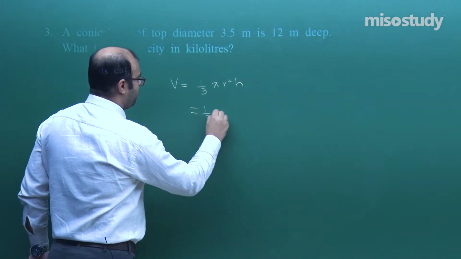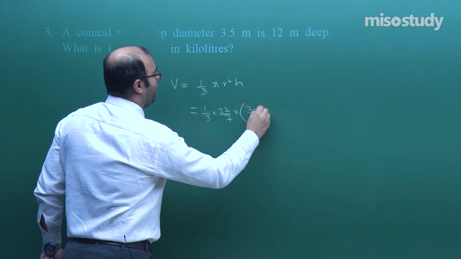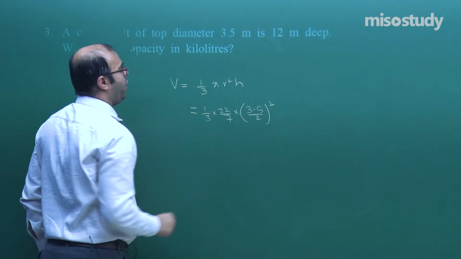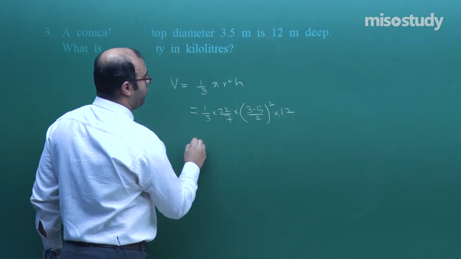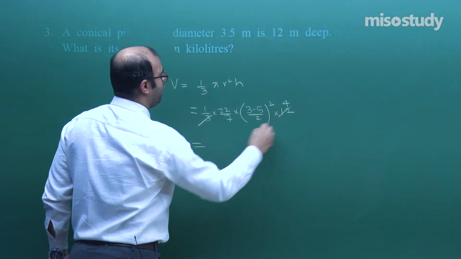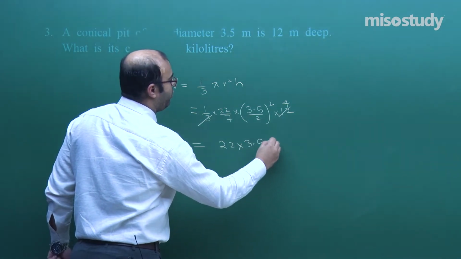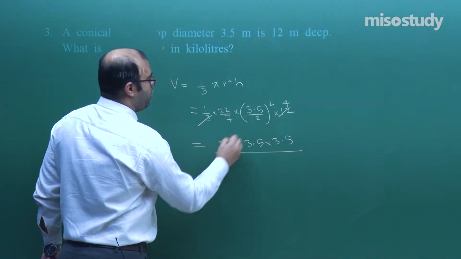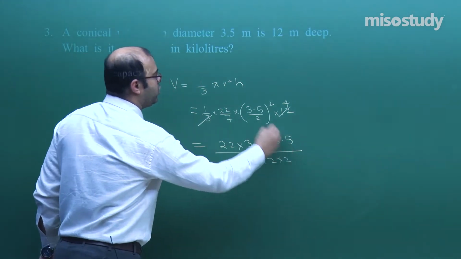So, 1 by 3 into 22 by 7, which is pi, into 3.5 divided by 2 as the radius, squared, into the height, that is 12 meter deep. We can write it like this: 3, 4, 12, and this is 22 into 3.5 into 3.5 upon 2, and here it is 7 and 2 again, because it is squared.